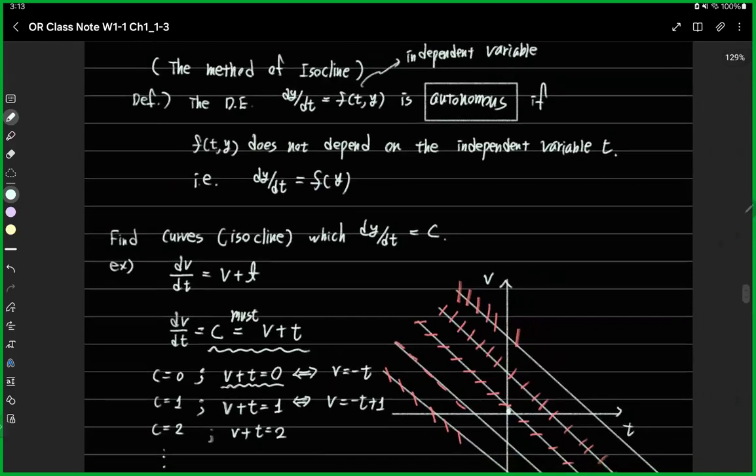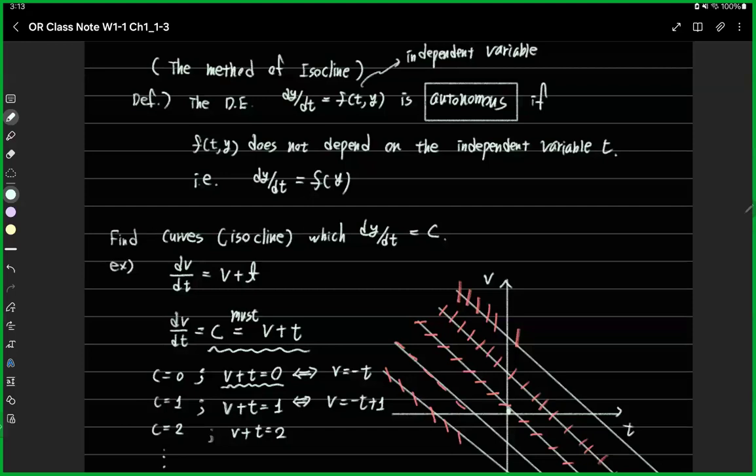Okay, so here's the example: dv/dt equals v plus t. All right, this is not autonomous. This is just a regular differential equation. Let's find the isocline. That means v plus t must be constant, so we've got to figure out the relationship between v and t so that this turns out to be constant.